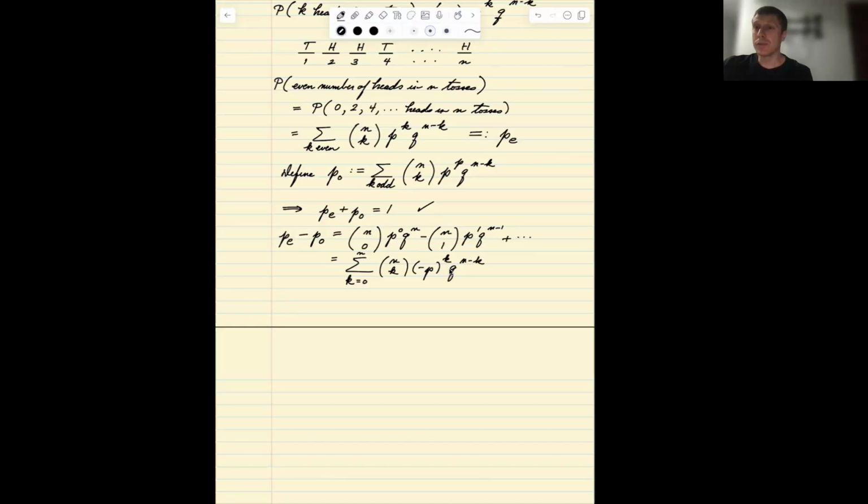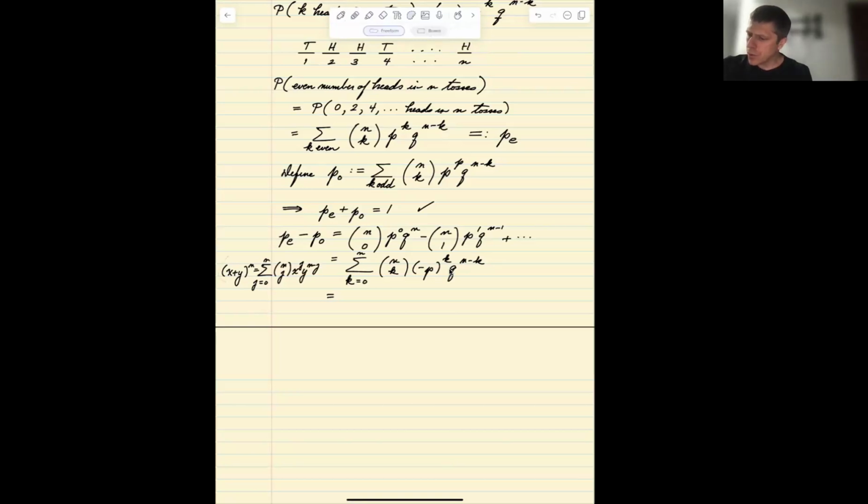Now we use the binomial formula. We've seen in one of the first lectures where these binomial coefficients come from. Just to recall, x plus y to the n is the sum from j equals 0 to n of n choose j, x to the j, y to the n minus j.